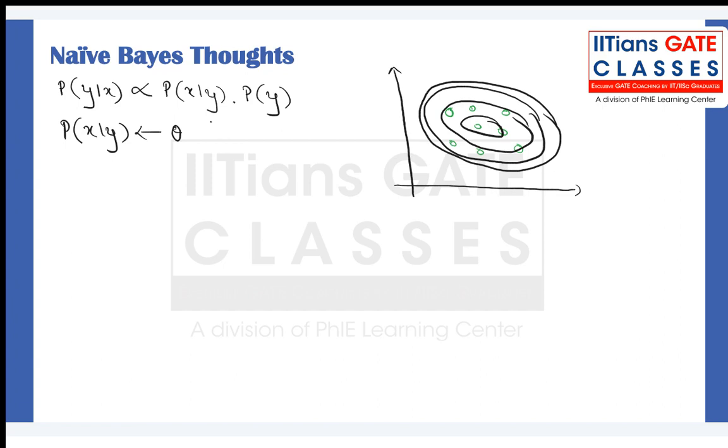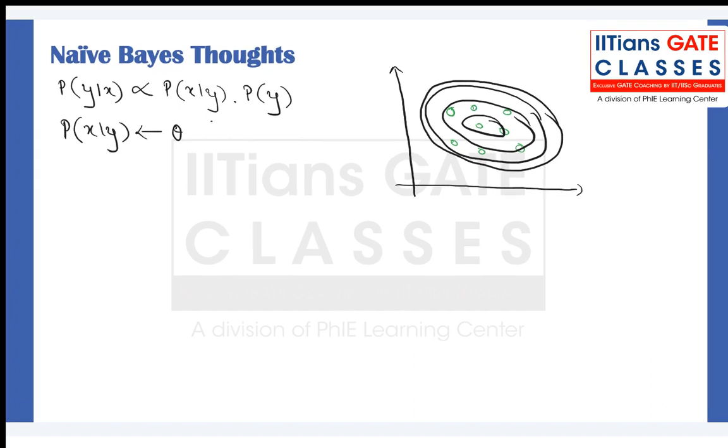Then what else can you do? Given a class y, you can use this P(x|y) to sample new data, correct? To sample new data, right?